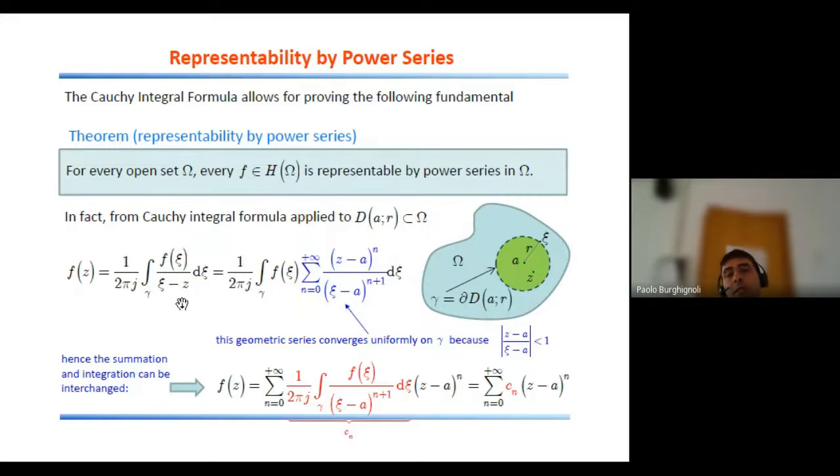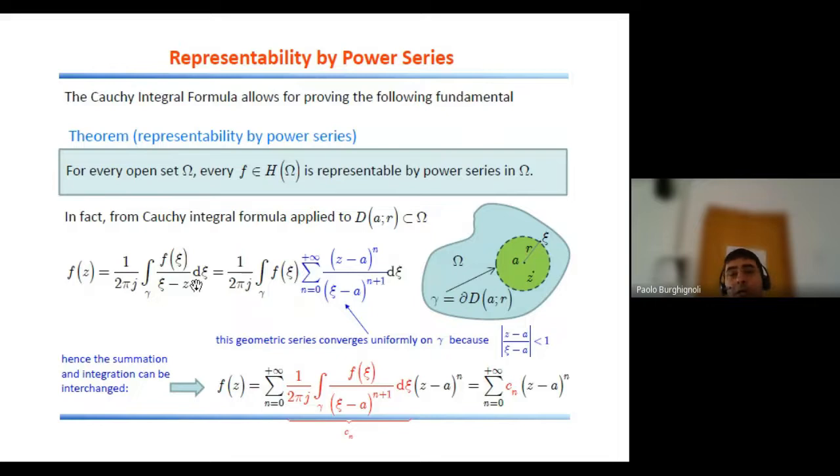However, the integrand can be manipulated a little bit. The integrand is the function f divided by xi minus z. Xi is the integration variable. Now, if you add and subtract the number a, which is the center of the disk, in the denominator, and you factor out the term xi minus a, what you get in the end is the sum of a geometric series.